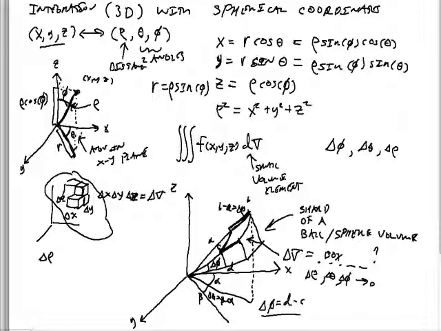Well, it's going to be some little arc of a circle. That's that length right there. So that's the depth. And then there's the height of the box, which is delta phi, but it's times rho, right? So that's going to be the height of the box right there. And that's going to be delta phi times rho because it does depend on how far out you are.